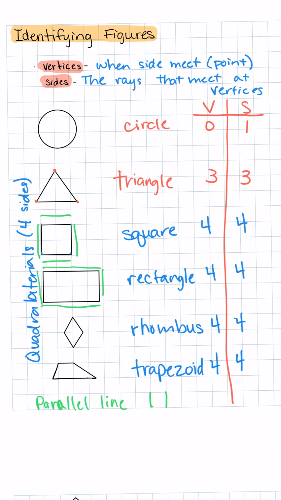Rhombus, actually, these 2 are parallel. These 2 are parallel. A trapezoid has 1 set of parallel lines.